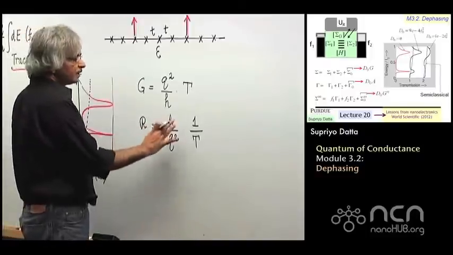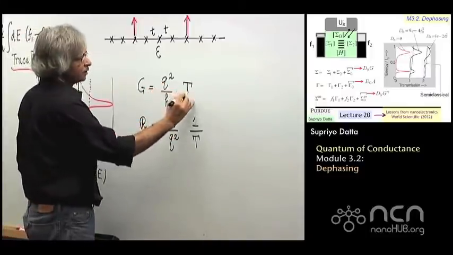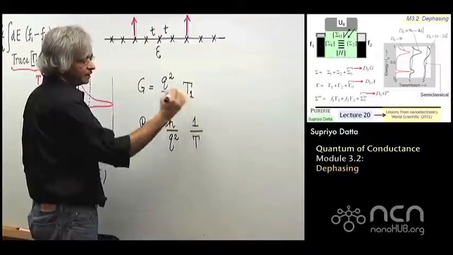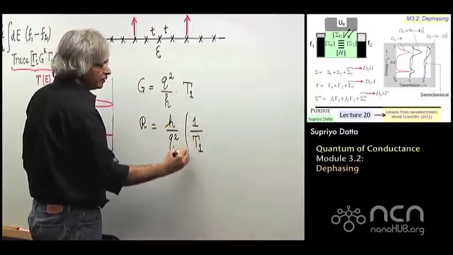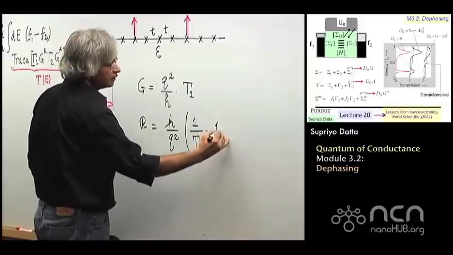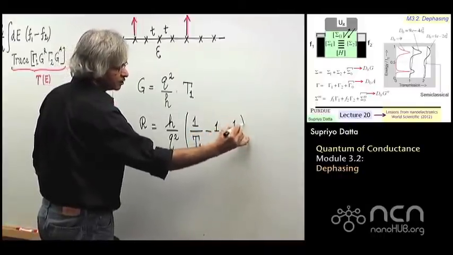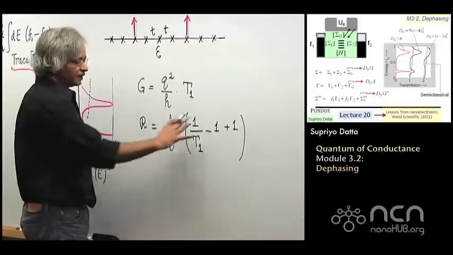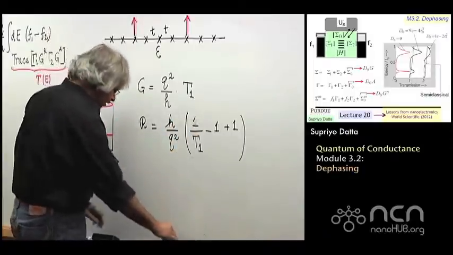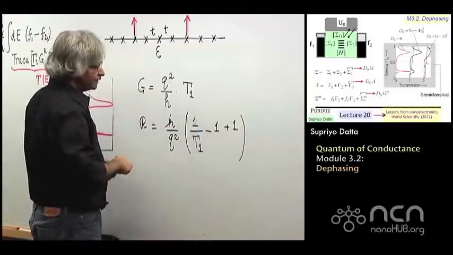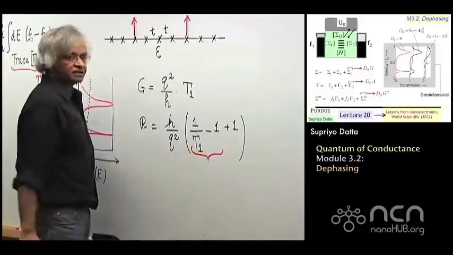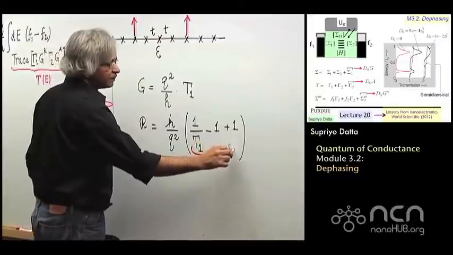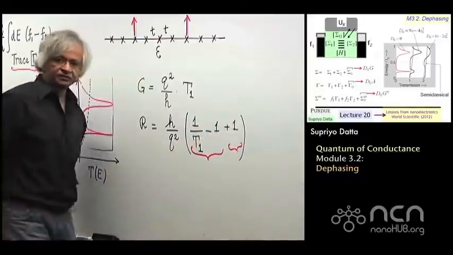So if you just had one scatterer, let me call that T1, just as a reminder that's for 1, you could write this as 1 over T1 minus 1, plus 1. I have not changed anything, but the advantage of writing it this way is you can think of this part as the actual resistance of this scatterer and this part as your interface resistance.